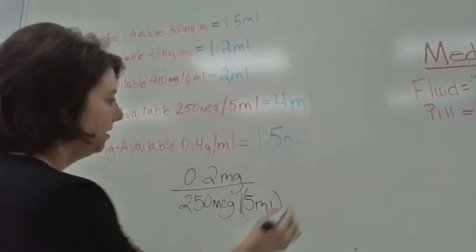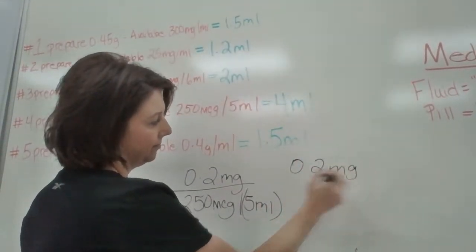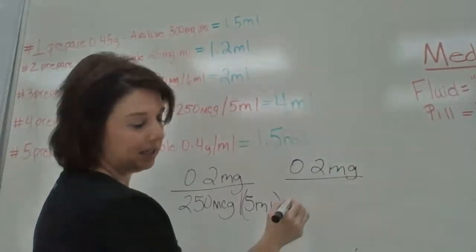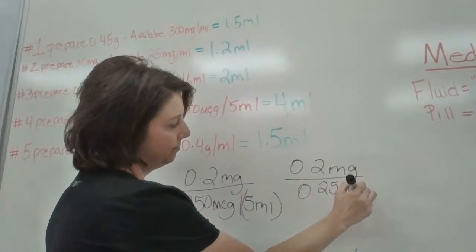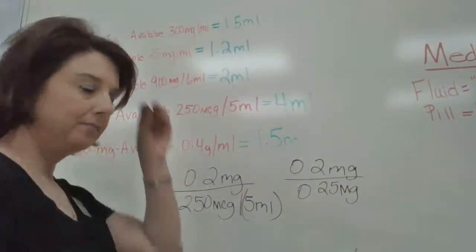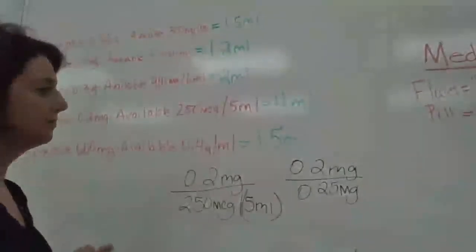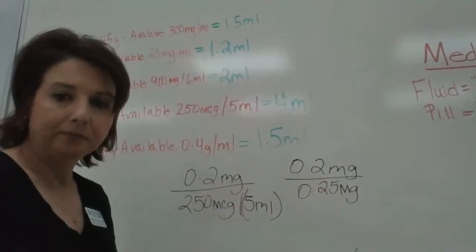0.25. So we have 0.2 milligram over 0.25 milligram. Then what do we do? Divide again.